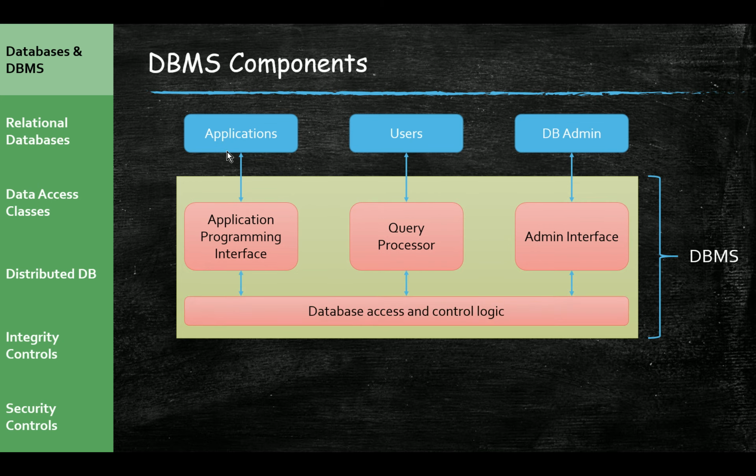And then for all three of those, whichever method is used to connect to the database management system, there's some kind of core process that's the actual database engine. So that's the database access and control logic. It's a common thread in the database management system which interacts with the physical data store. All of them have some physical file that stores the data being stored in a database, and that's accessed through the database access and control logic.